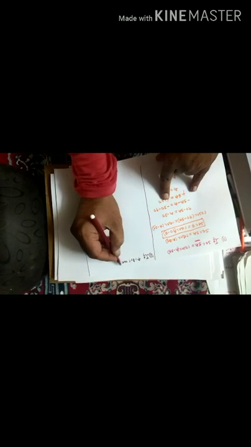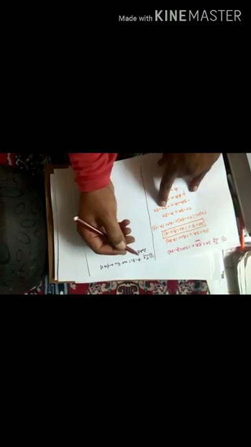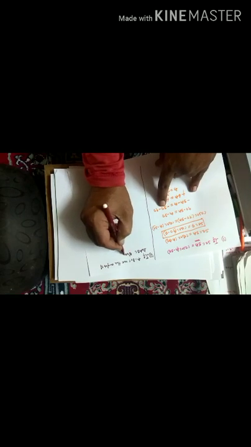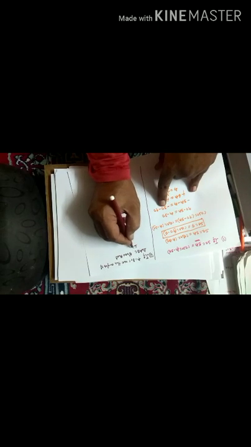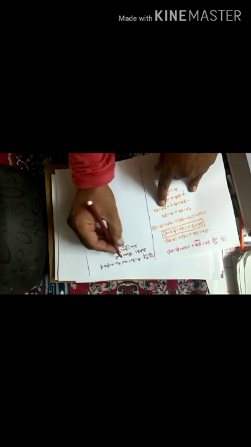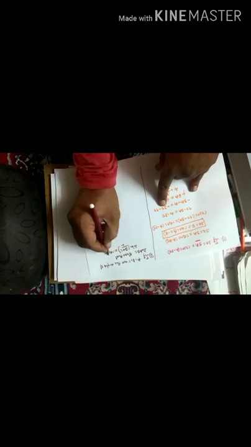The second question is, if A, B, C are the angles of triangle ABC, show that sin (B plus C) by 2 is equal to cos A by 2. So this is the question.